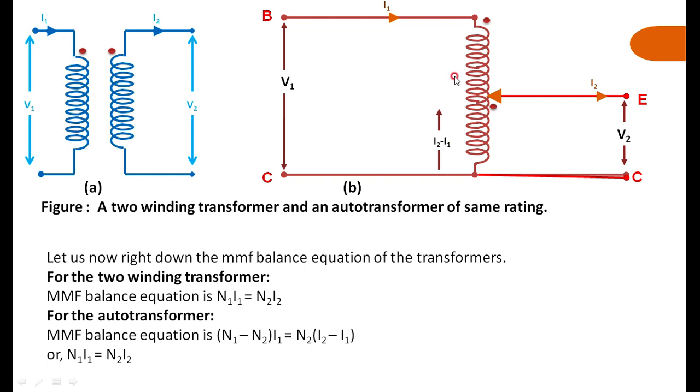Sorry, N1 minus N2 is the number of turns between B and E.